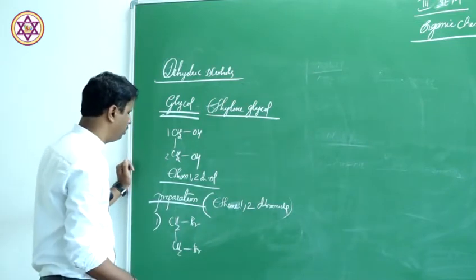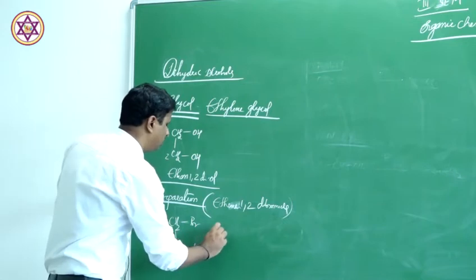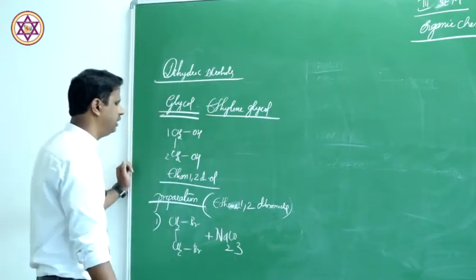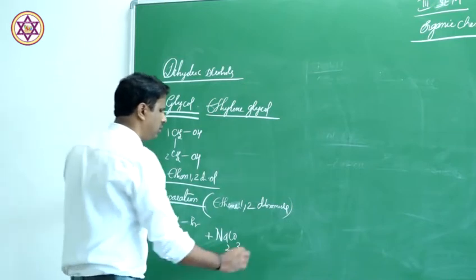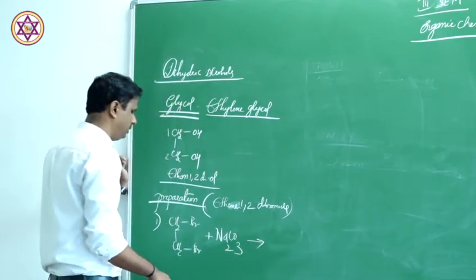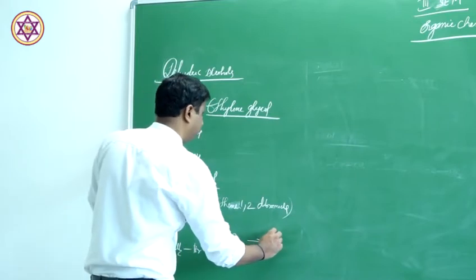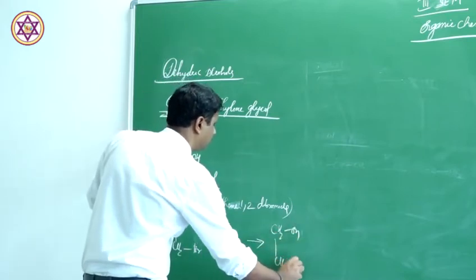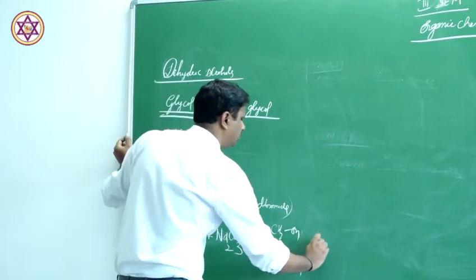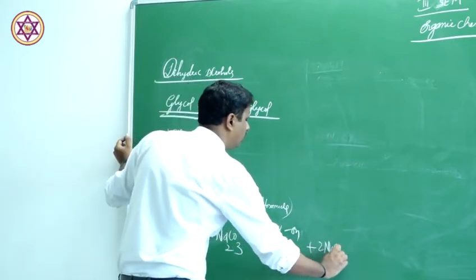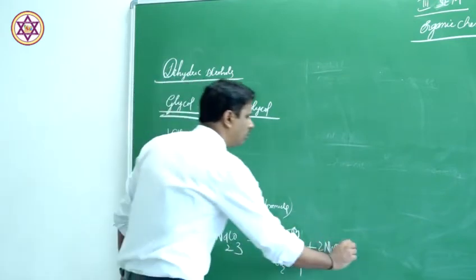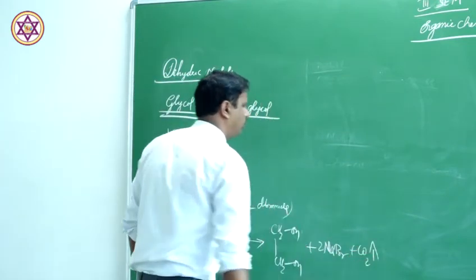And what are we going to do? We are going to boil this in aqueous Na2CO3 solution. So what happens? You are going to get ethylene glycol plus 2 NaBr, and carbon dioxide will be formed.